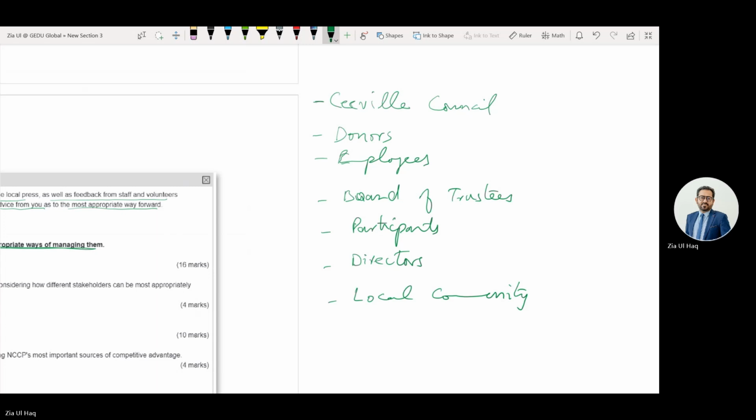How many marks are there? 16. At least discuss 8 for 2 marks each. Who else could be there? Employees, directors, donors, Savile Council, participants meaning students, local community. Who else could be there?